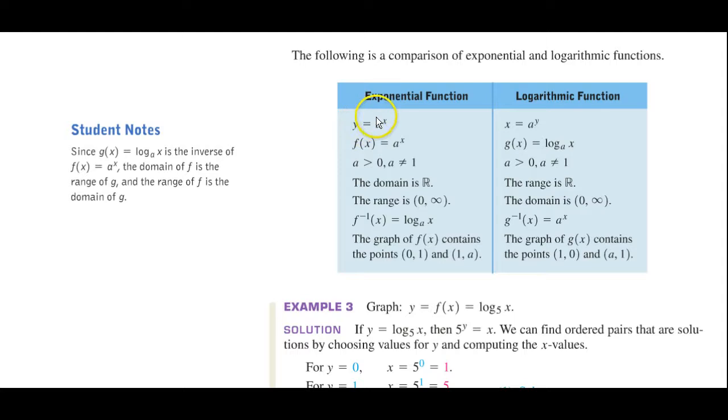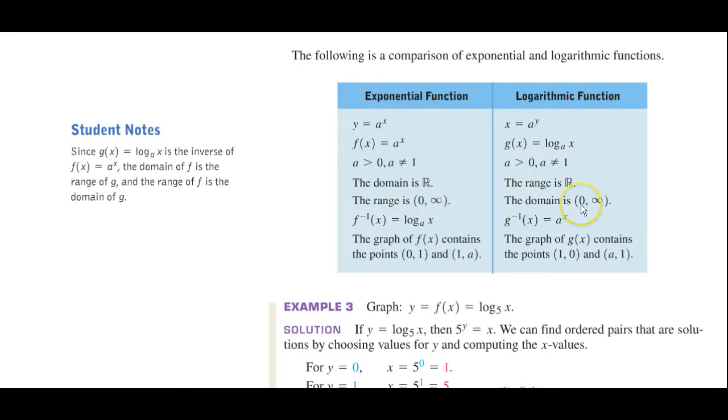And then if you switch the letters around, the x and y, you get the logarithmic function. And here they're saying the domain is all real numbers, the range is all real numbers. Here the range is not including 0, but going to positive infinity.